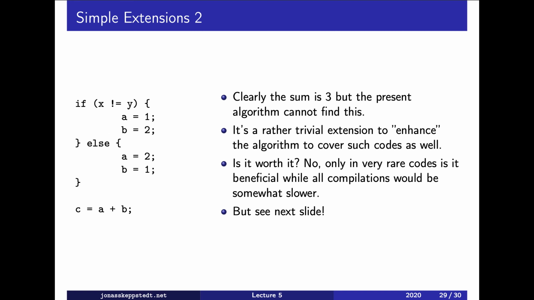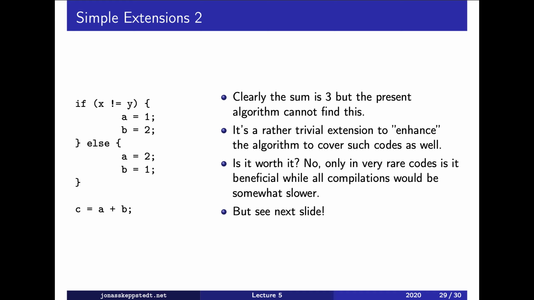Another simple extension is the following. The algorithm does not think that C is a constant. This is very rare to find code like this, so it's probably not worthwhile to implement it.